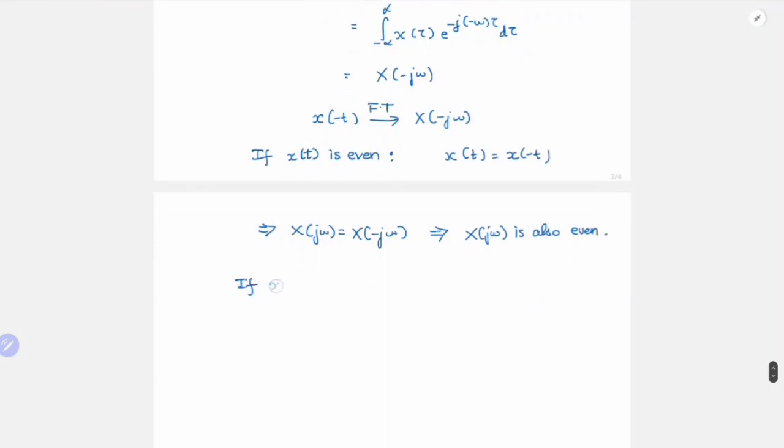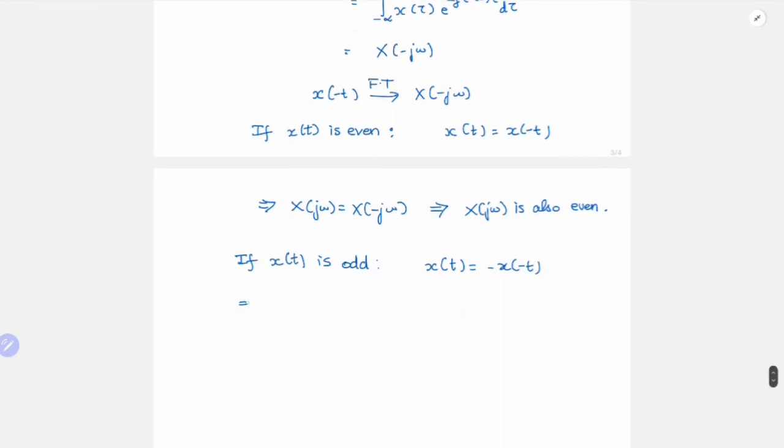So if x of t is odd, we have x of t equal to minus x of minus t, and this implies x of j omega is equal to minus x of minus j omega. This implies x of j omega is also odd. So for an even signal, taking the Fourier transform gives a Fourier transform which is even, and vice versa for odd as well.